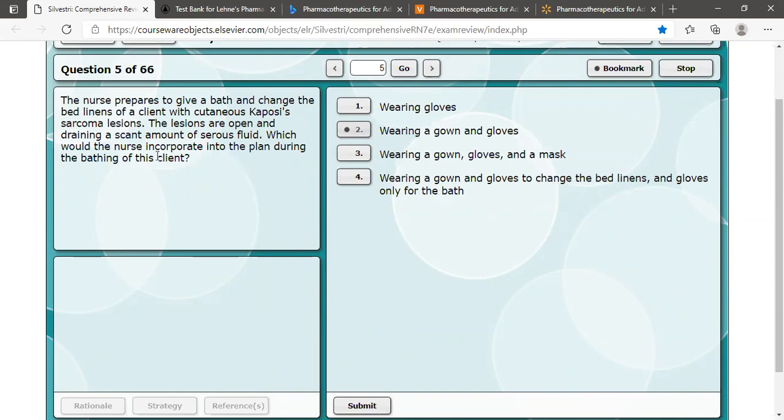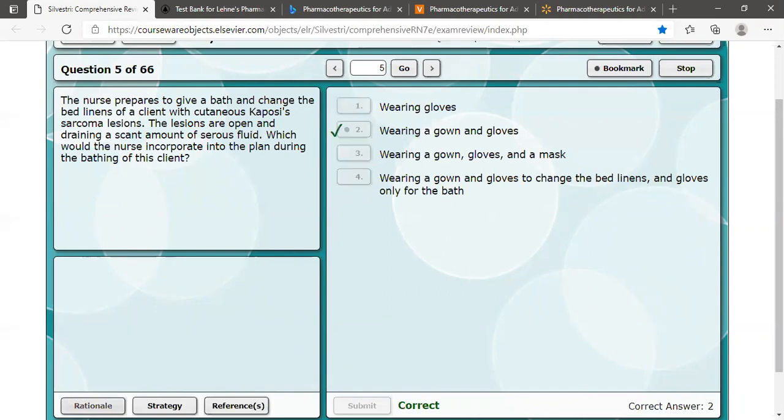No, the patient has an open and draining, a scanty amount of serous fluid from the cutaneous lesion. This is the reason most of the time, whatever the linen change or bathing, we must wear the gown and gloves. This is the reason we choose number 2.